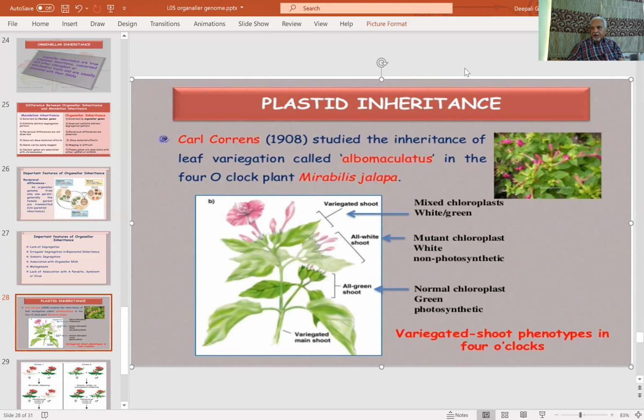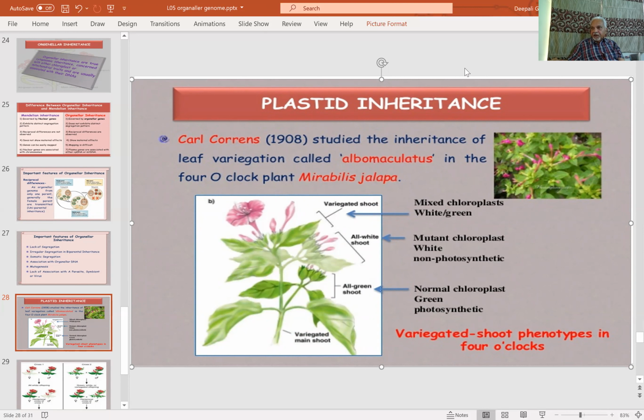The green leaf doesn't come at all. If it was a nuclear coded thing, then you should have seen a 3:1 segregation, which is not happening. So you have a white female plant and a green leaf male plant, cross it, and all offspring have white leaves.